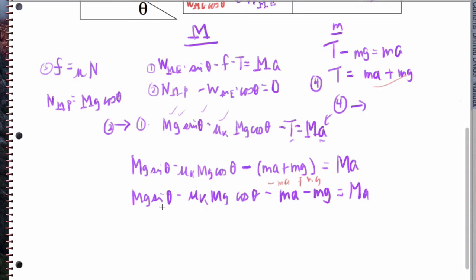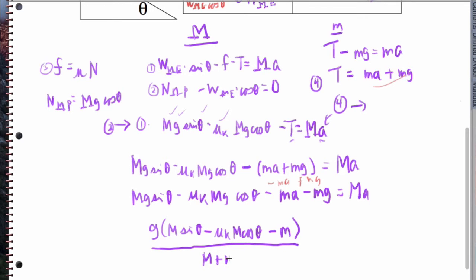And what I'm going to do is isolate A. When I do that, I'm going to write it like this. I'm going to end up getting g times M sine theta minus mu k M cos theta minus m, all over big M plus little m.